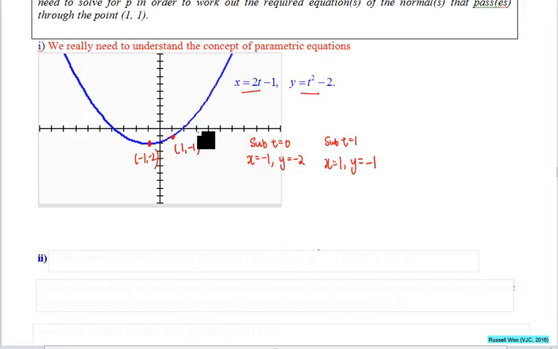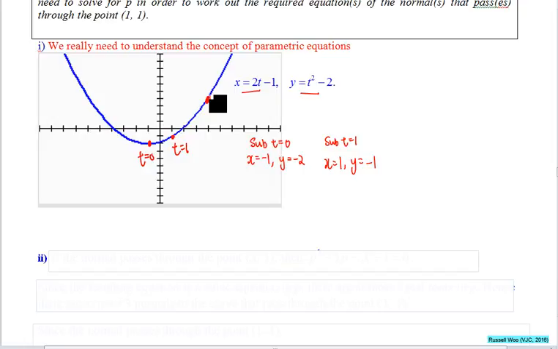So that's all to it. There's nothing magical about parametric equation. It's just t equals 0 here, t equals 1 here, then t equals something here. Actually, I tell you the truth, the curve is not required in this question. I don't need to sketch the curve. I'm just trying to illustrate.